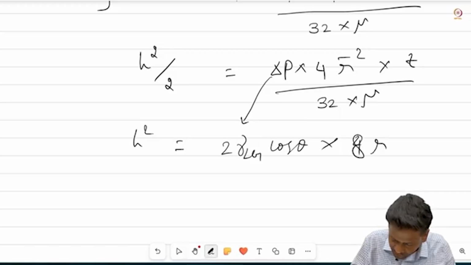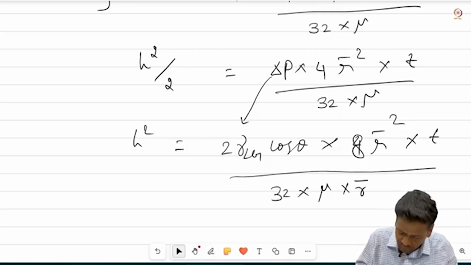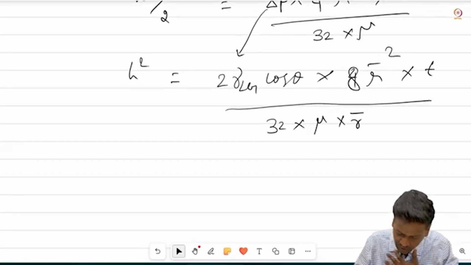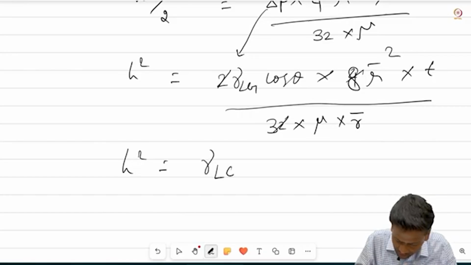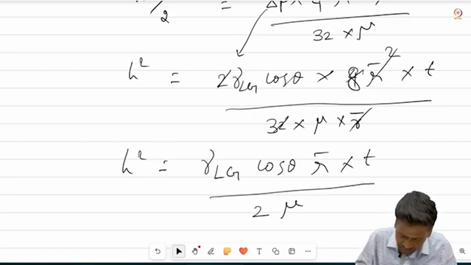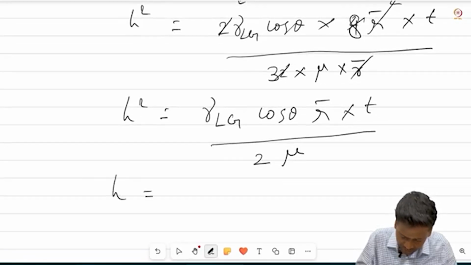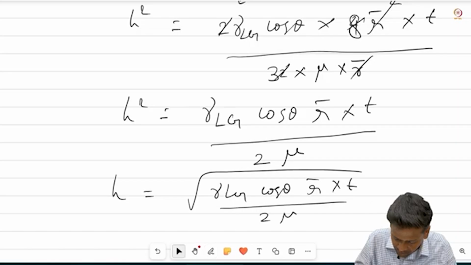This is going to be 8 r square into t divided by 32 into mu into r bar. So this is what we have. So h square is nothing but gamma Lg cos theta, you have simply r bar only, into t divided by 2 mu. So this is my equation in terms of h.